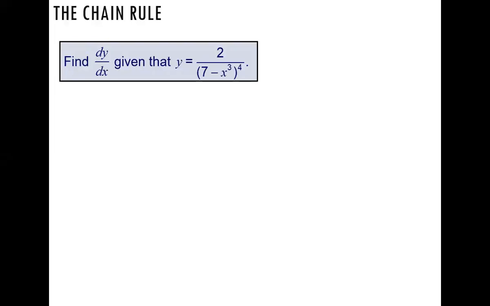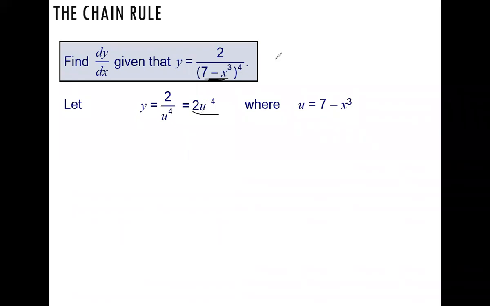Okay. So here we let the denominator, what is in the bracket, be u. So u is 7 minus 3x raised to the power 3, and then y will be 2 over u to the power 4, okay? But that can be written as 2u raised to the power minus 4.